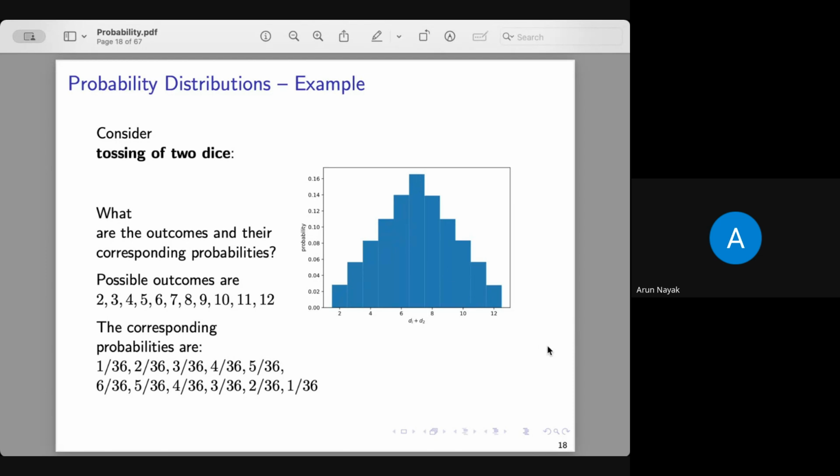You can calculate this if you simply add two uniform random numbers, and the PDF of the sum of the two uniform random numbers will be triangular. So this is a triangular distribution.